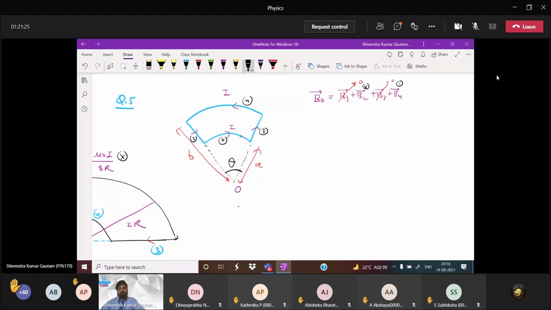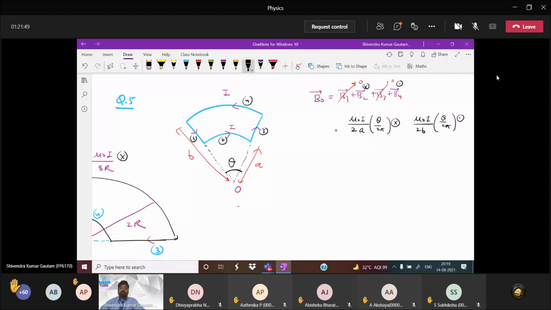Now B2 we have to find. You know it is an arc. For an arc, what formula did we discuss? Mu naught I divided by 2R. What is the radius of this? A. Times theta divided by 2 pi. Direction is what? Cross. Second one, what? Mu naught I divided by 2b, radius for this is b, given, times theta divided by 2 pi. Direction is what? Dot.